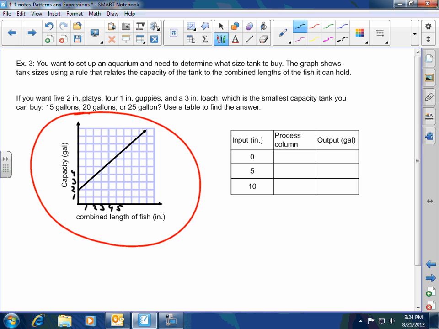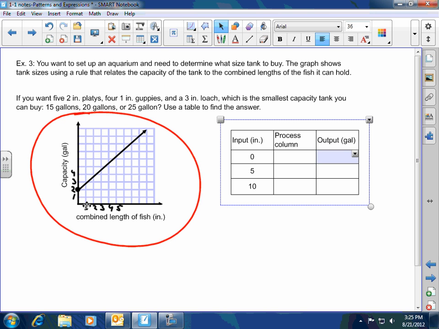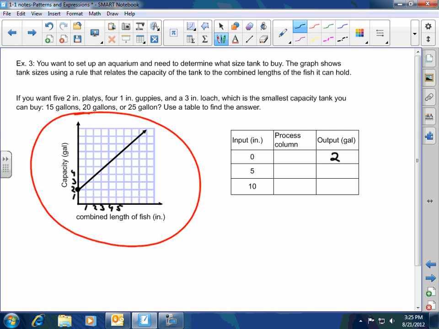Well, when our input, which is the length of the fish in inches, is 0, our output is 2. When the length of the fish is 5 inches, my output is 1, 2, 3, 4, 5, 6, 7. So I have 7 gallons is what I would need.